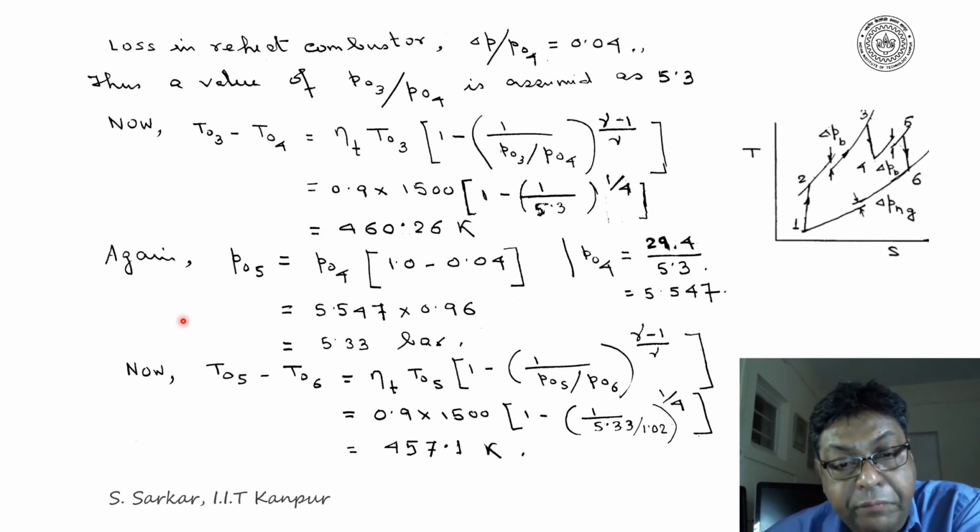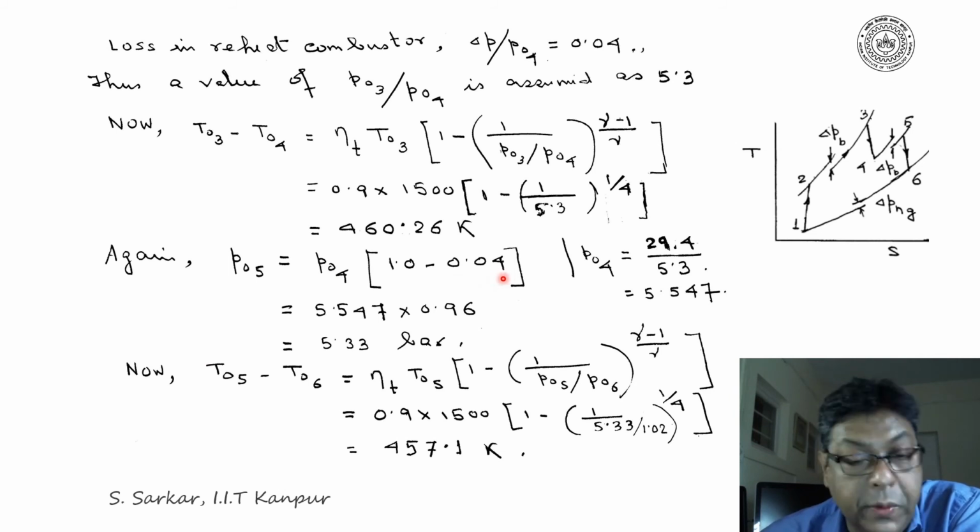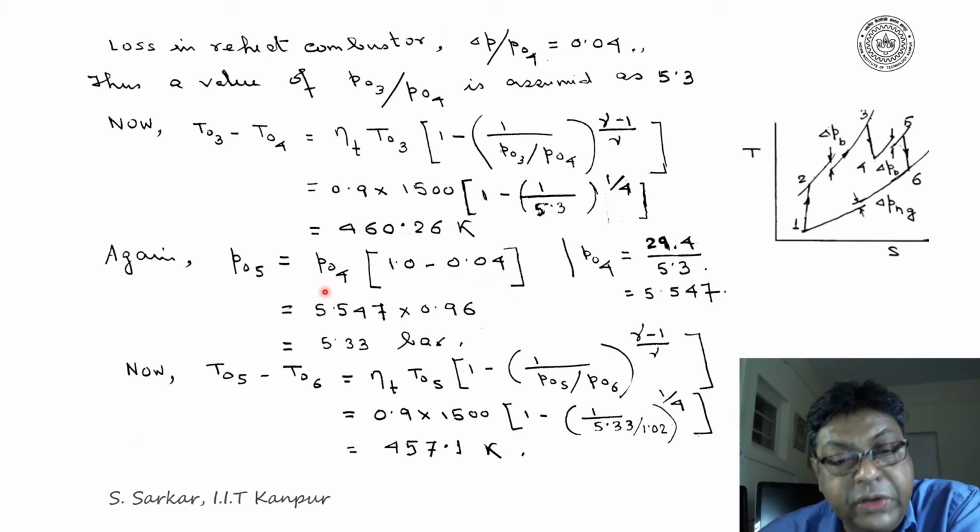Now, P05 can be evaluated from P04 as the loss in the reheat combustor is known: del PB by P04 is equal to 0.04. Thus, I have evaluated P05 is equal to P04 into 1 minus 0.04. Now, I'll have to evaluate P04 that I can get from the ratio of P03 by P04.